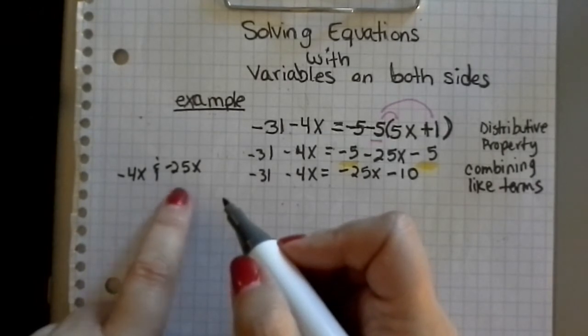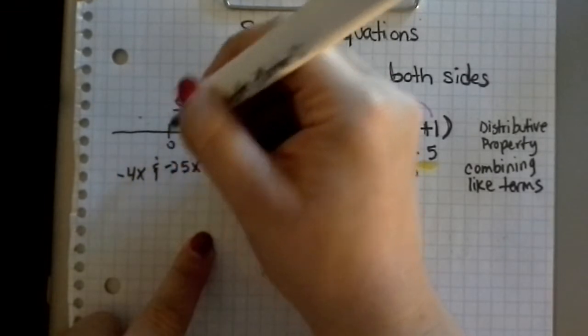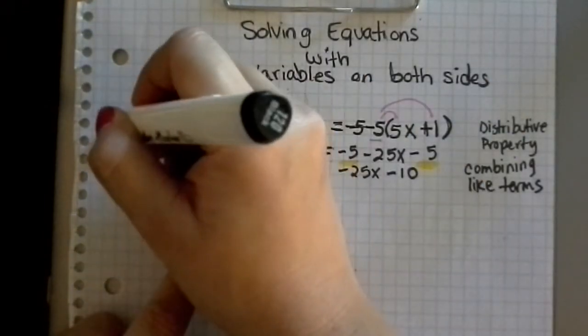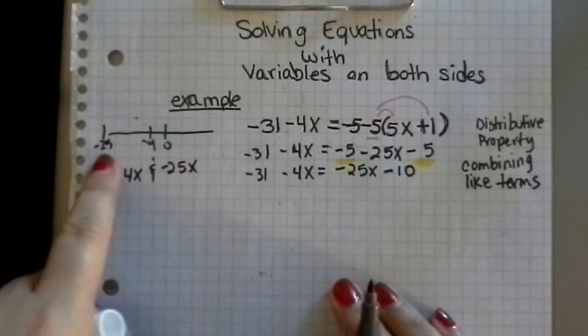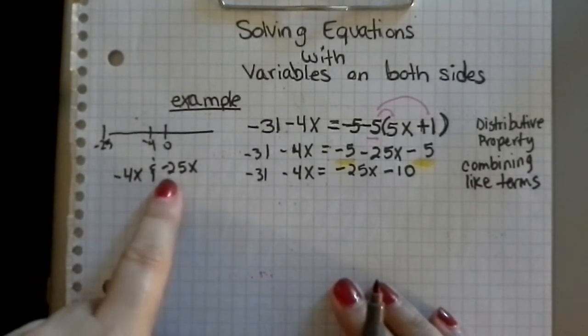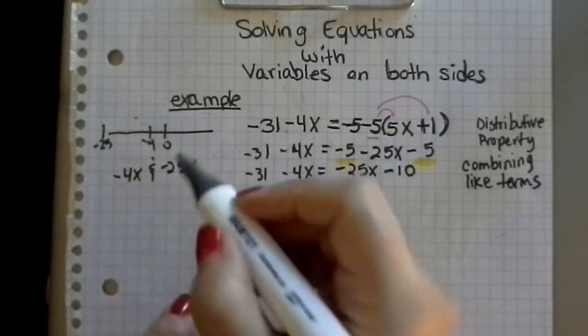If I were looking at the number line, here's my number line, here's 0, negative 4 is somewhere over here, negative 25 is somewhere all the way over here. So the farther to the left, the smaller the number is. So between these two, the one that has the smaller coefficient would be the negative 25x.